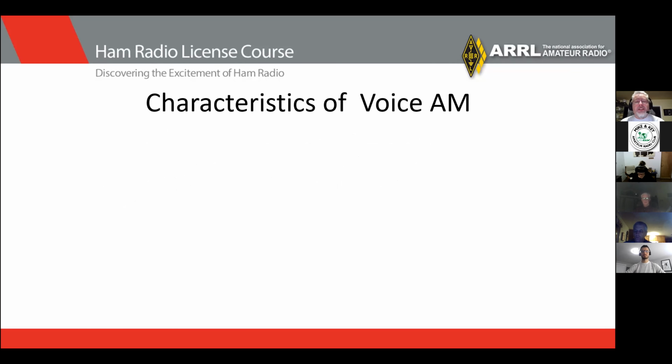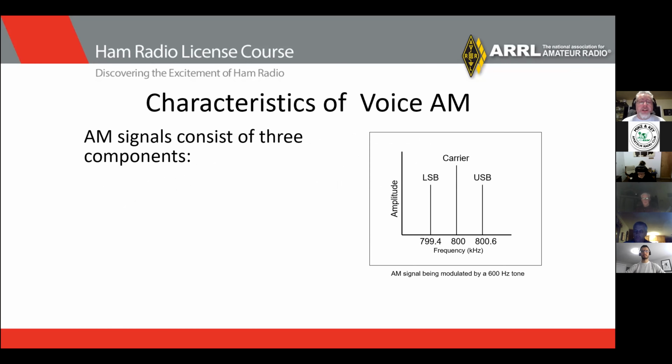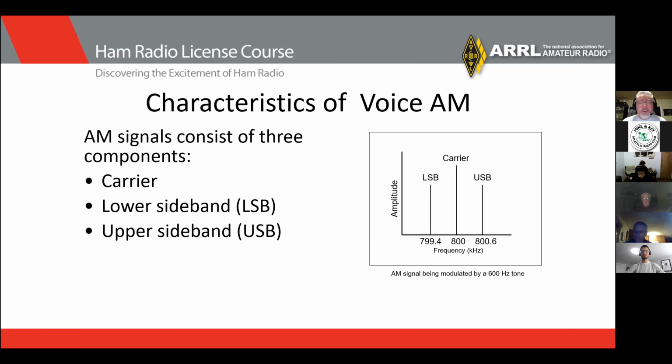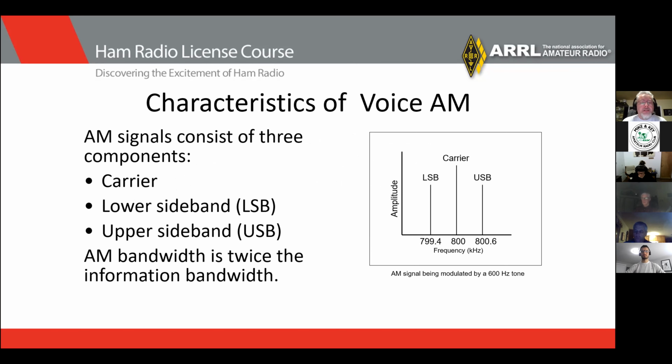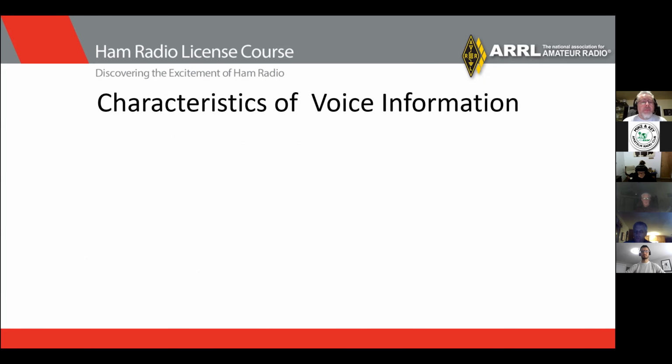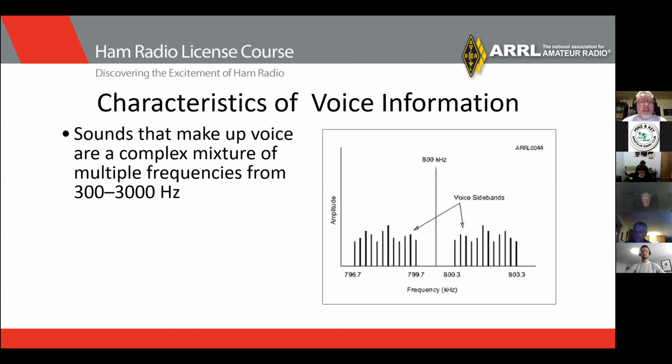The characteristics of voice amplitude modulation. AM signals consist of three components: the carrier, the lower sideband, and the upper sideband. AM bandwidth is twice the information bandwidth. Characteristics of voice information: sounds that make up voice are a complex mixture of multiple frequencies from 300 to 3000 Hz.